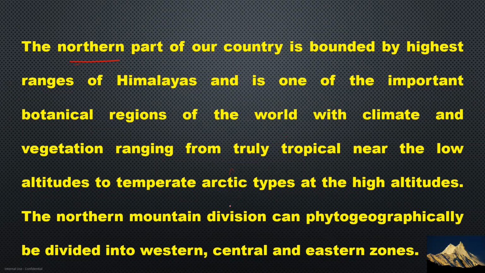So towards the lower altitude, it is of what type? Tropical. And here you will see tropical trees growing. Little higher up, at higher altitudes, you will see temperate trees growing. Okay. The northern mountain division can phytogeographically be divided into western, central, and eastern zones.